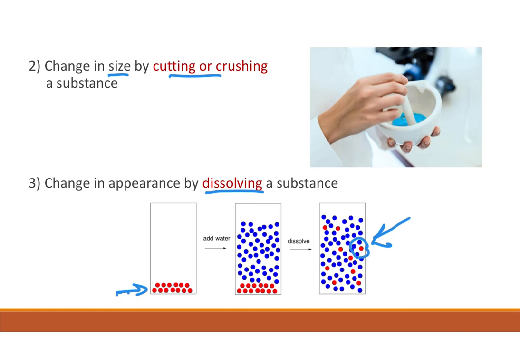In reality, the salt has not stopped being a solid. It has just been pulled apart as it dissolves in the water. And so the atoms are so spread out, we cannot see them as a pile, as a solid piece anymore. If we evaporate off the water, the salt would reappear. So dissolving also is just a physical change.